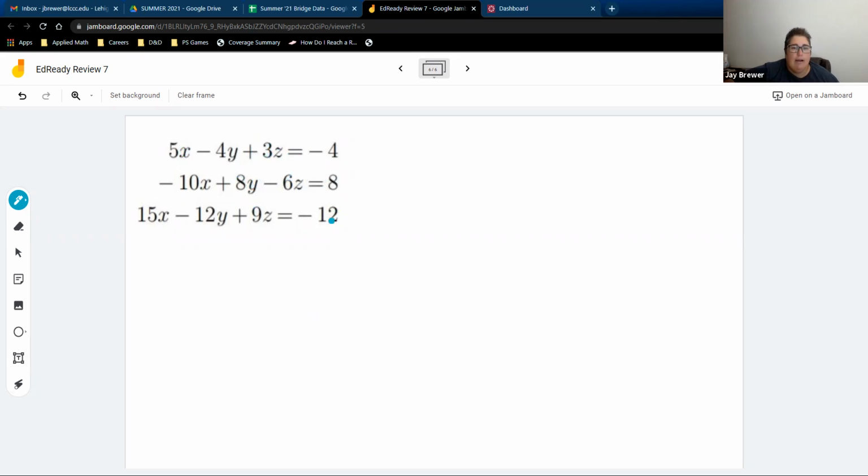So if I want to multiply the top equation to get a 6, I'm going to multiply everything on top by a 2. And you can always pause the videos to write down the problems yourselves. So 2 times 5 will give us 10x minus 8y plus 6z equals -8.